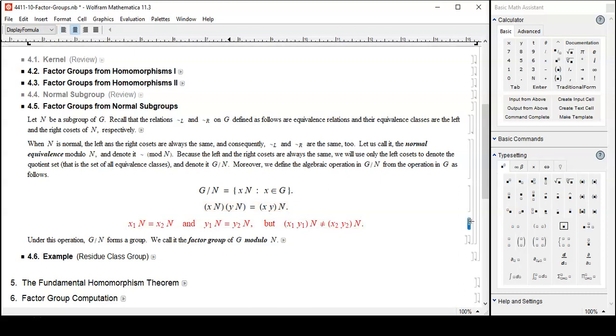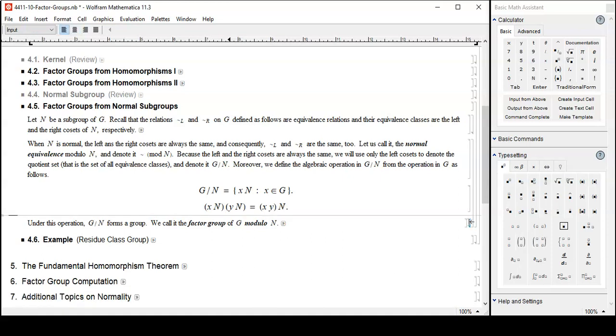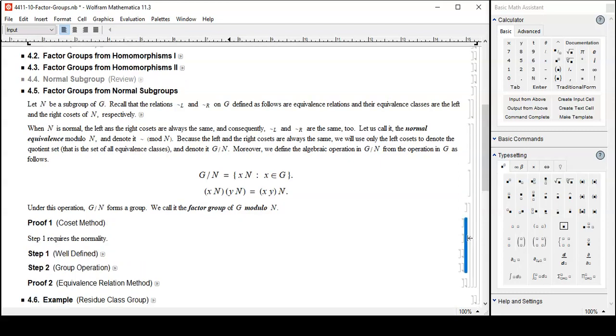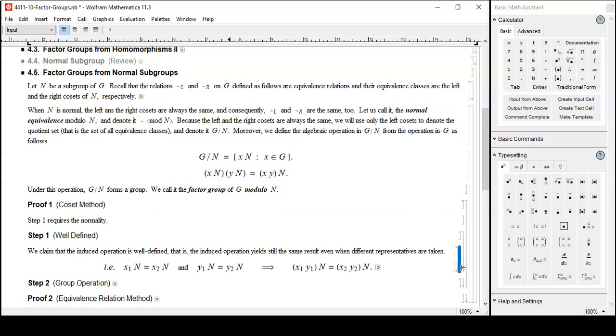If this thing happens just once, then everything breaks down. So we have to make sure this never happens. That's what we mean by this expression being well defined. That's what we want to prove.